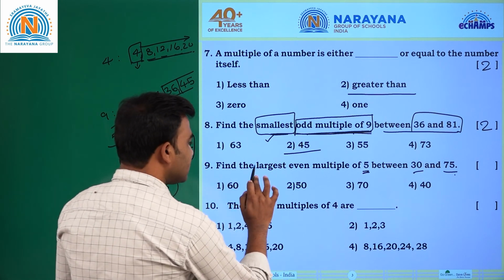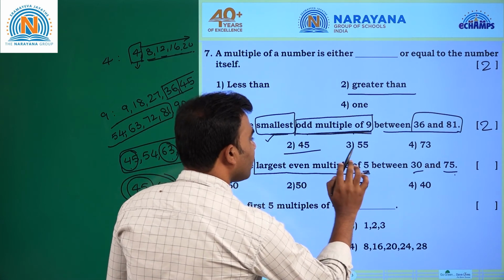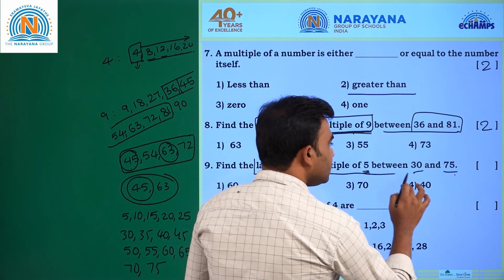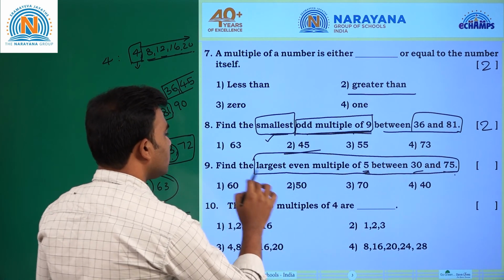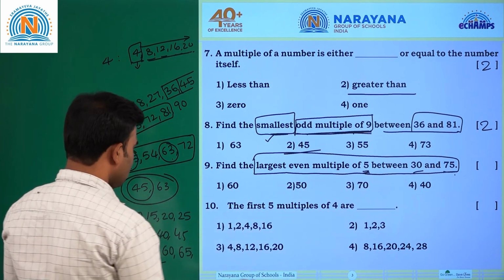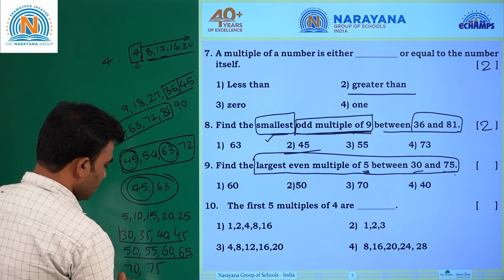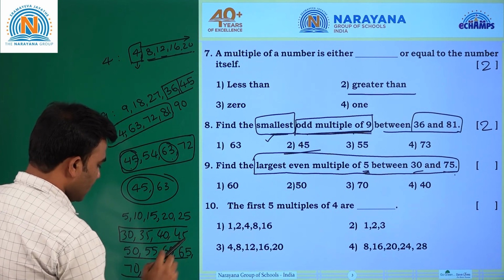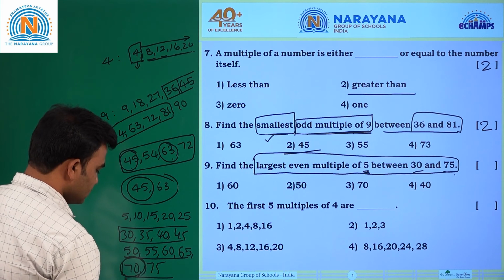Now they are asking us to find the largest even multiple of 5 which is in between 30 and 75. In this, these are all the multiples of 5 and the largest even multiple is 70.